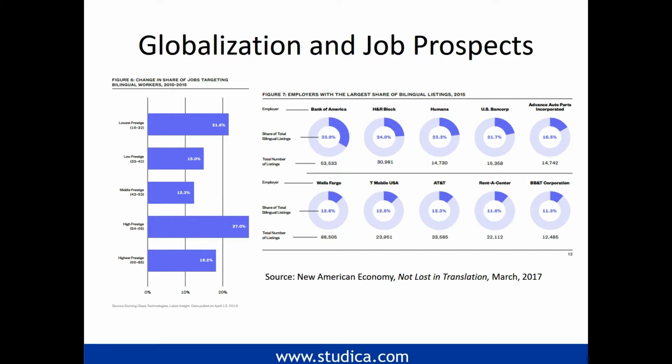So for an example, your lowest prestige might be like a custodian or a fast food worker generally. And your higher prestiges are going to be your surgeons and doctors, right? And what we see is that there's a big increase in demand for bilingual workers all across the board in all those prestiges, and specifically in the high prestige, which is kind of counter to what a lot of people think.